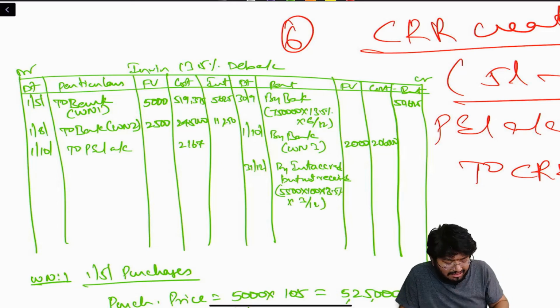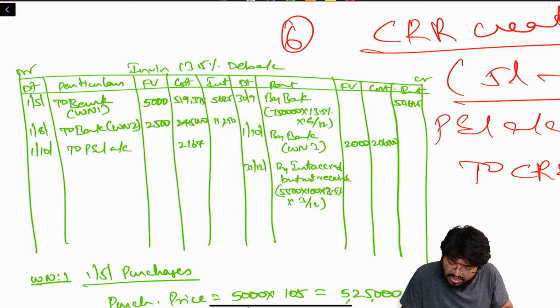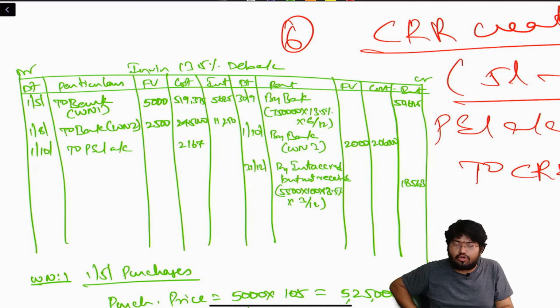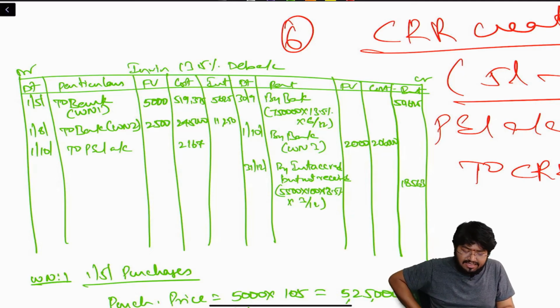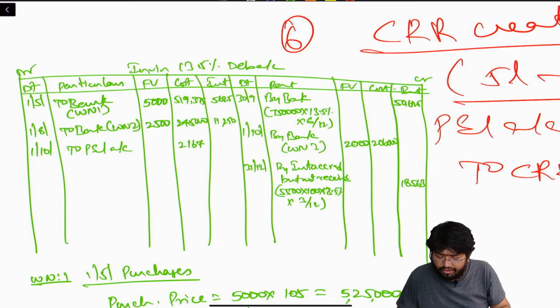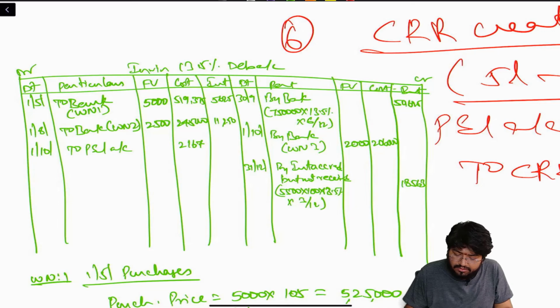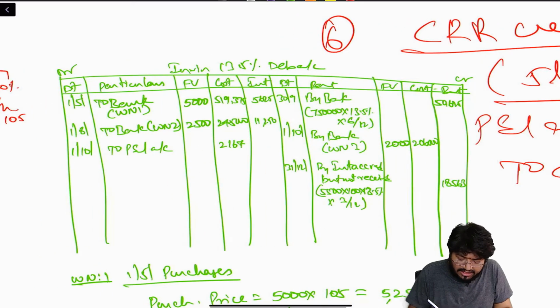Please calculate and tell me. 18,563. 18,563 is to be shown. Once this is done, you can move it forward. Now, so to P&L, how much would you be transferring out of this on 31st December?